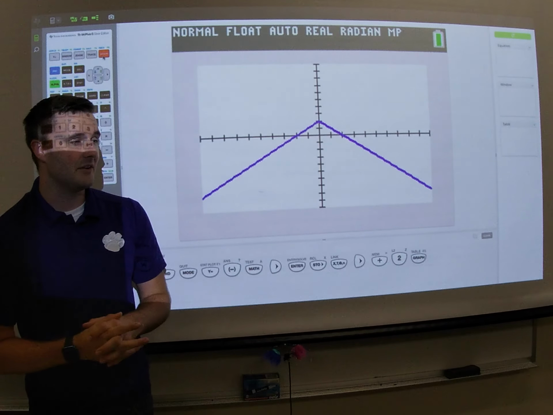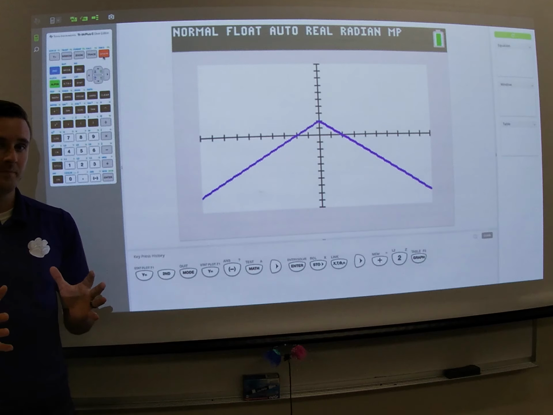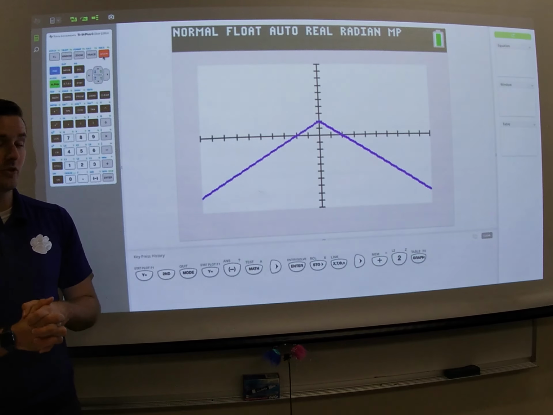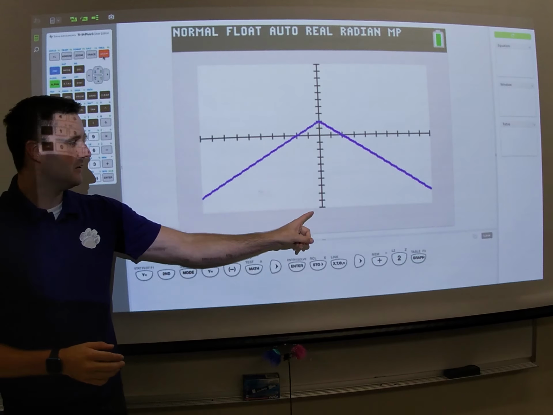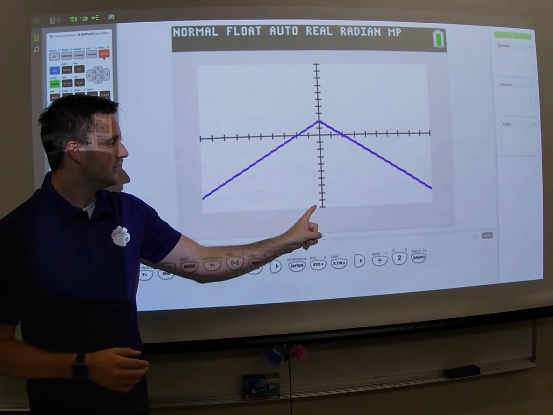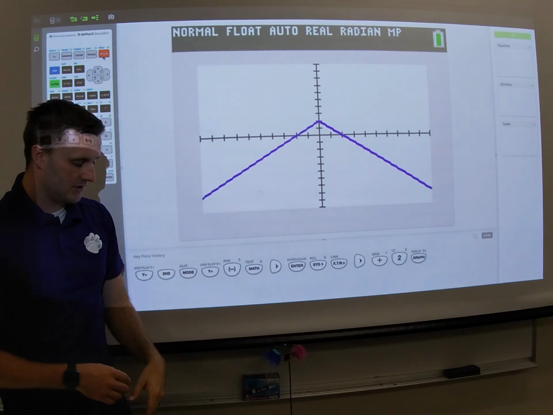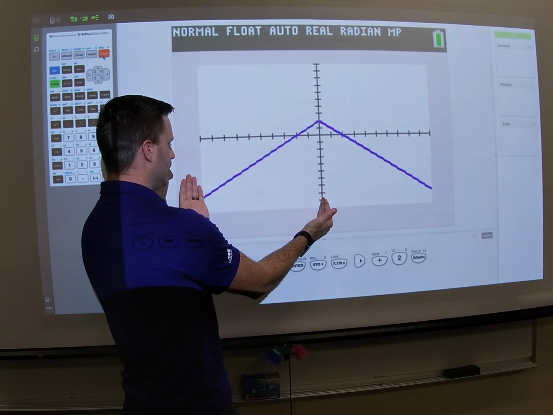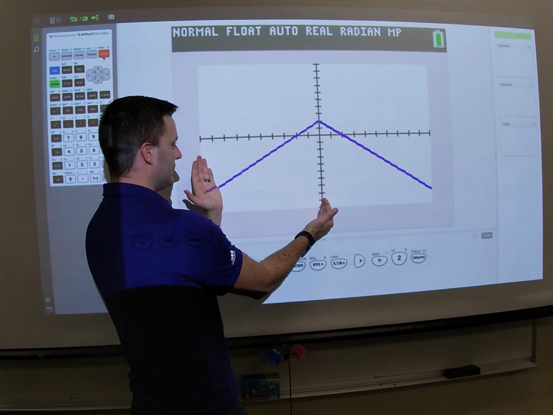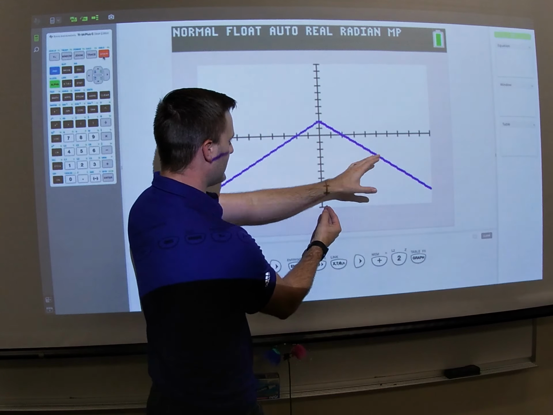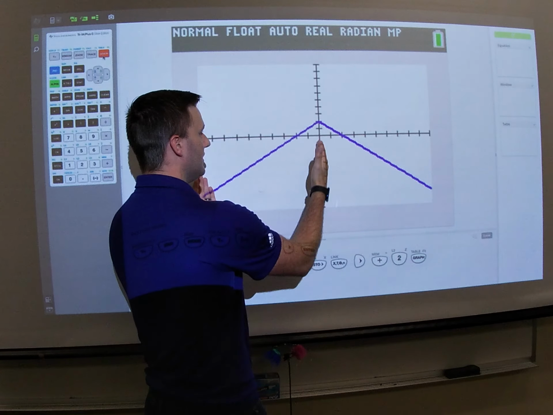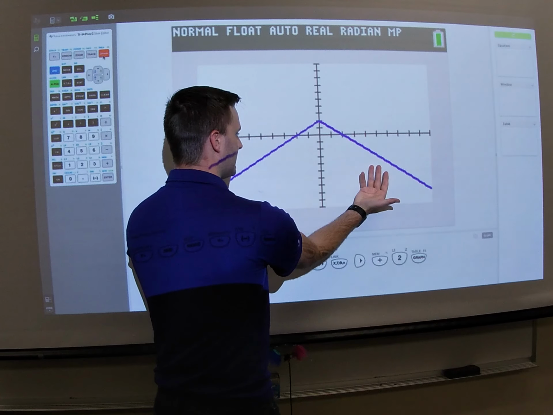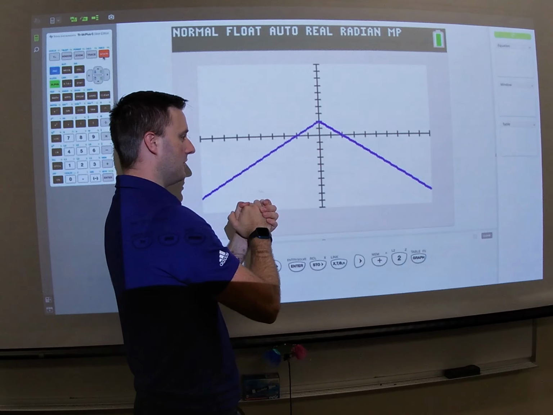What I'd like you to write down is that an even function reflects over the y-axis. So here is our y-axis. The reason this is an even function is because if I could fold this paper or this board over the y-axis, from the left side to the right or from the right side to the left, the right side of the graph lands on the left side of the graph.